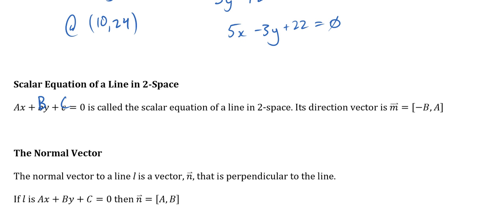When we are talking about vector notation and that kind of thing, we would call this the scalar equation or scalar form of the equation. And when you're in scalar form, there's your direction vector, negative B comma A. Again, if you rearrange that in the slope form, you could kind of see where that's happening.